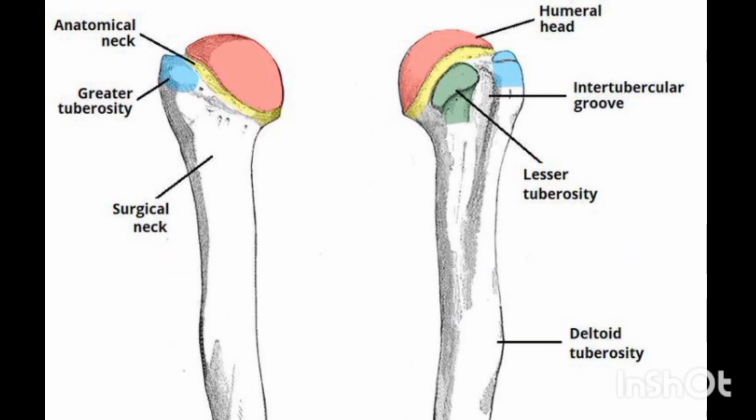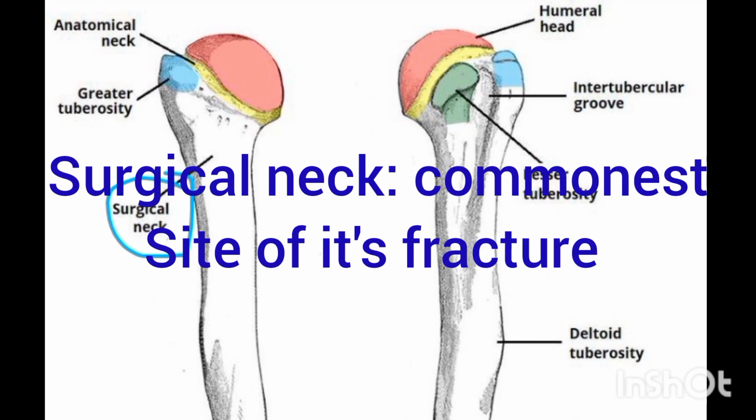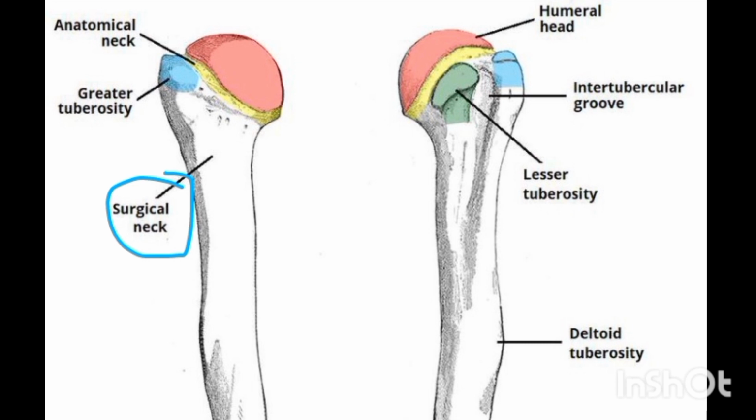Now, the surgical neck is the junction between the upper end and the shaft of the humerus. It is the common site of fracture of the humerus bone. Now, this upper end also has two tubercles, your greater tubercle, which you can see from the diagram, and your lesser tubercle, or you can call it tuberosity.